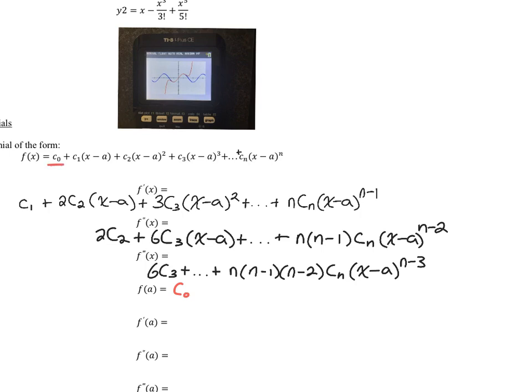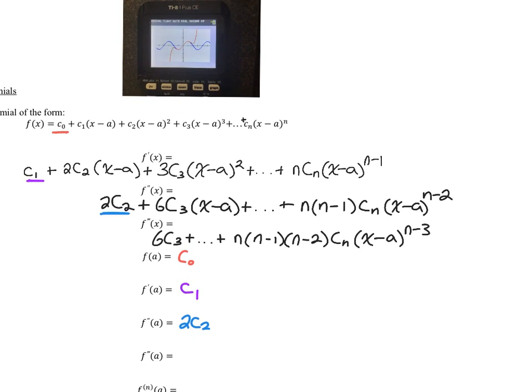So that's right back here. f prime of a, c sub 1. f double prime of a, 2c sub 2. f triple prime of a, 6c sub 3.